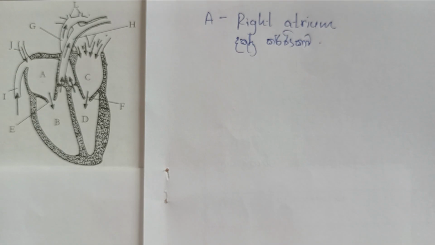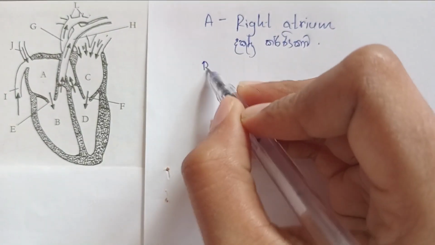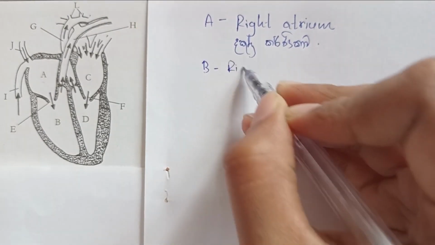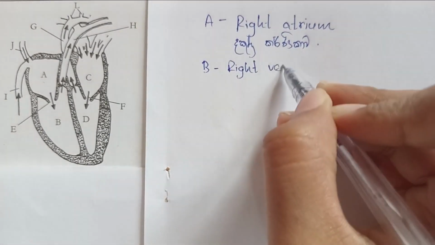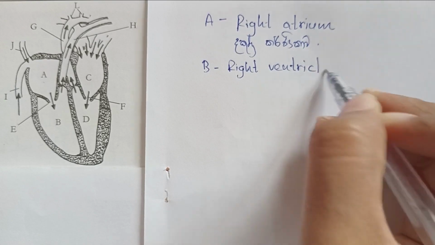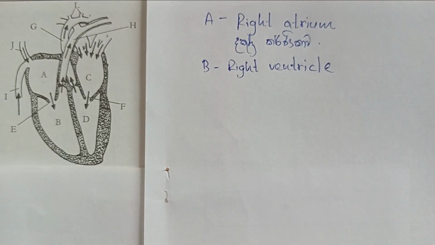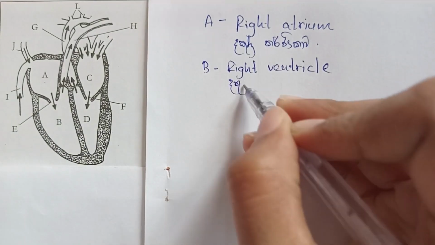Letter B, they have labeled right ventricle. In Sinhala we call Dakunu Koshikawa.